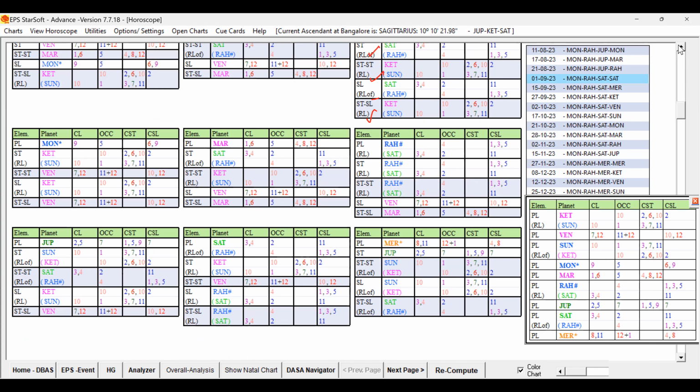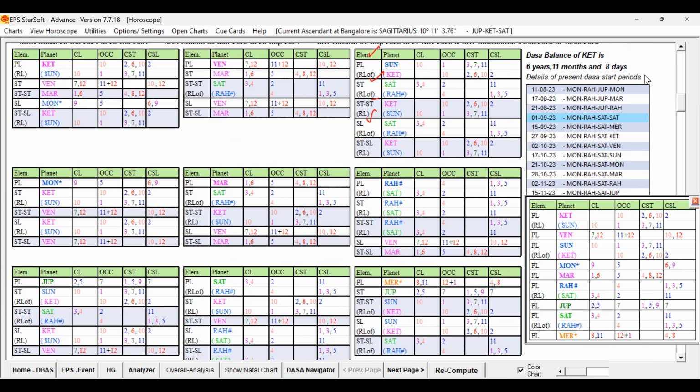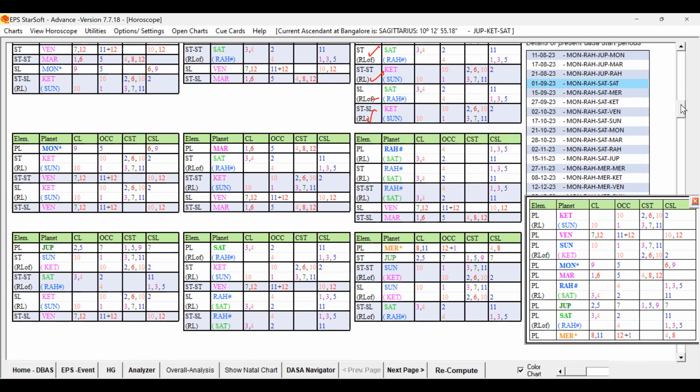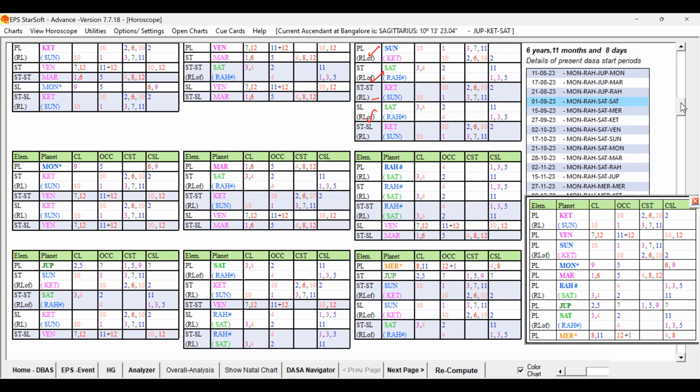What we can note down is that the sub-lord of the Dasa Lord is Jupiter. Why have we seen that? Because Star Lord and Sub-Lord are both ruled by Saturn. So in addition to that, we have taken the support of the sub-lord also.